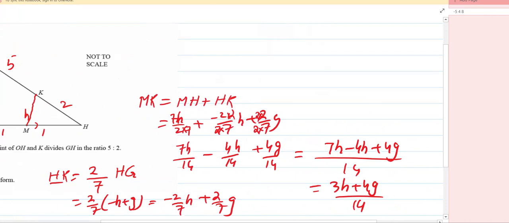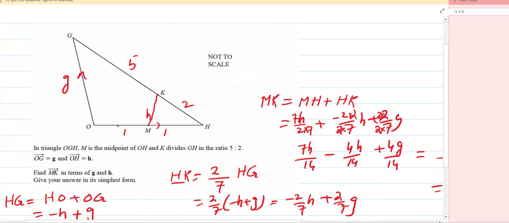What do you mean, OH plus OG, for what? Tell me, OH, OG, for what? You want to take OH plus OG. Why? No, it cannot be. If you're starting from H, you must go on that side. Like you're studying, you need to find HG. So go HO plus OG. Don't change the direction.